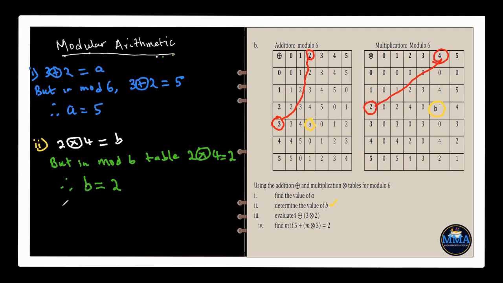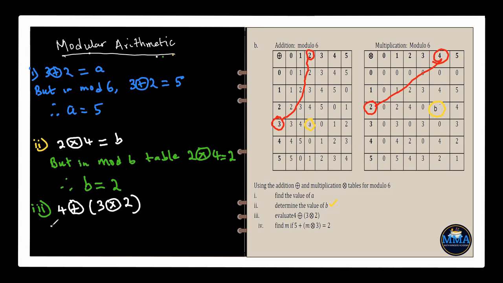evaluate 4 plus bracket 3 times 2. We look at that. That is the III. That part, we are asked to evaluate 4 plus, open bracket, 3 times 2.